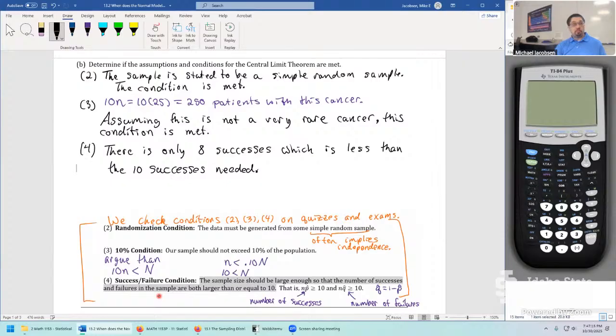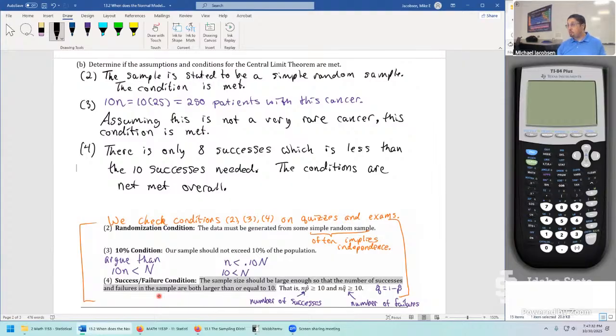This means for this one particular part 4, the conditions are not met overall. We can't actually use the central limit theorem overall on this one.